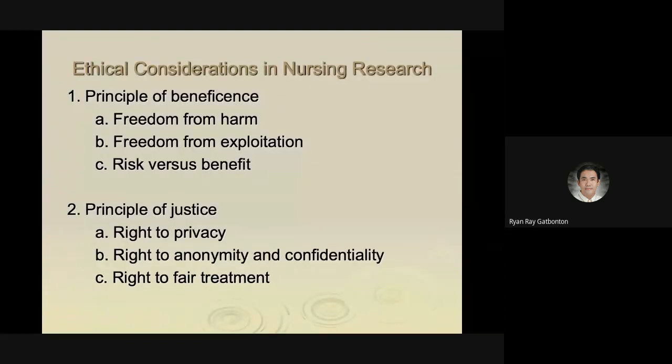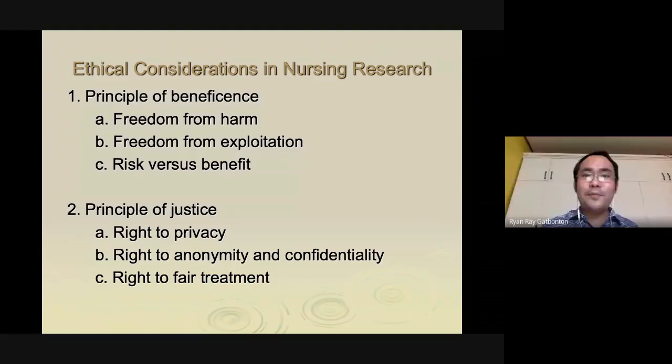Kasi if you want to experiment on new treatment, that's not the correct treatment for a particular disease. So if that new treatment fails, you have to give that person, your subject, the fair treatment, no? With the correct treatment. So therefore, that's the right of the patient or of the participant to fair treatment.